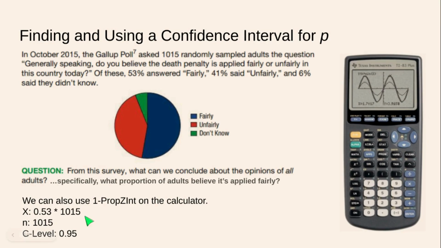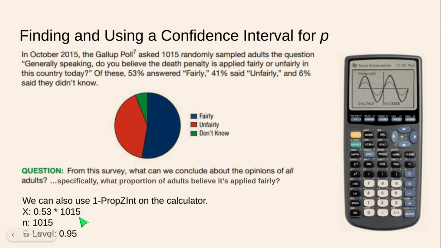We can use a feature called one prop z int, all right? That is a one proportion z interval. That is a confidence interval for the population proportion, all right? So we can do that on a calculator. There are a couple inputs we'll need to keep in mind once we get to the calculator. X is going to be 53% of 1015.